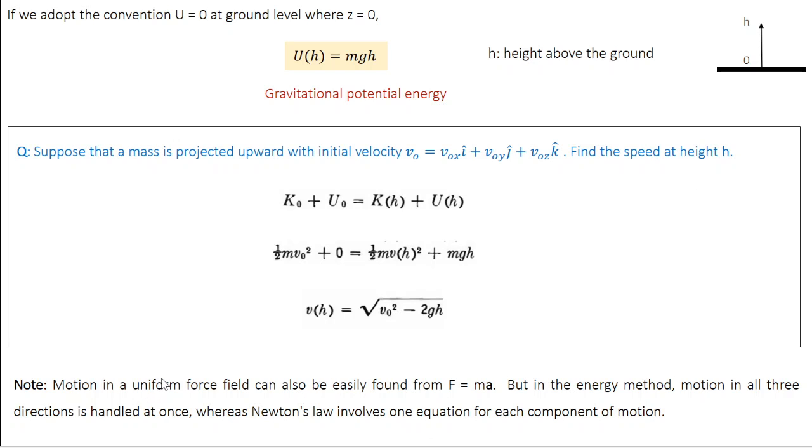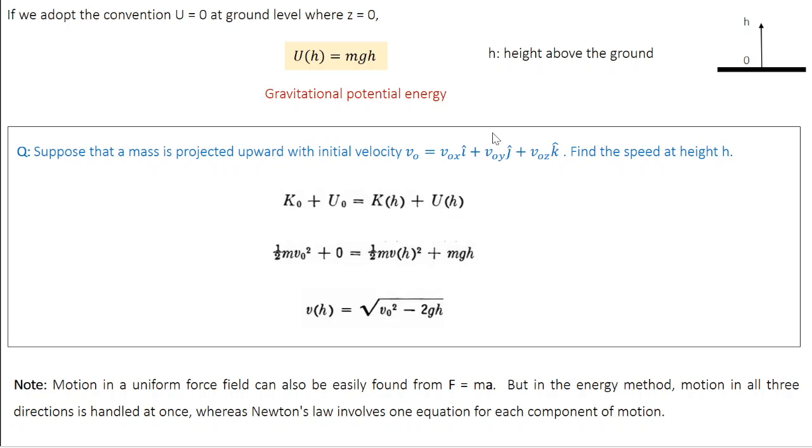Now, in the case of a uniform force field, you can also get the result by using Newton's equation, because the force is a constant force. But the advantage with the energy method is that motion in all three directions is handled at once, because in this expression v0 squared is nothing but v0x squared plus v0y squared plus v0z squared.